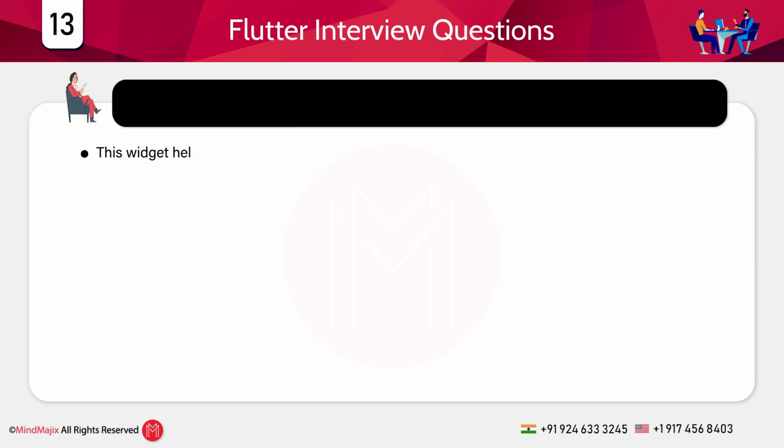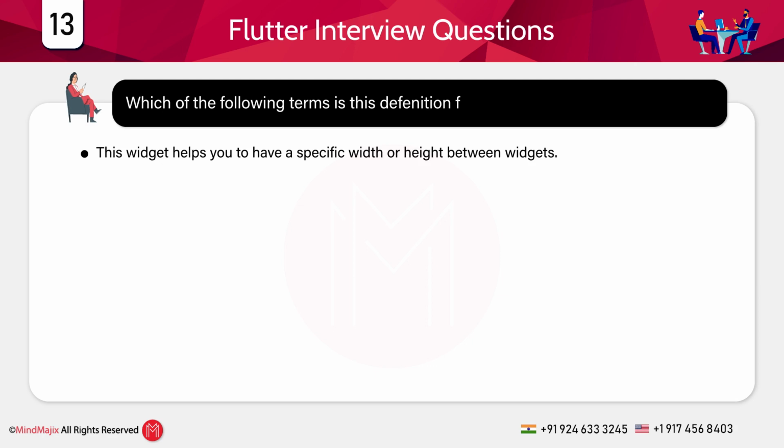This widget helps you to have a specific width and height between widgets. Which of the following terms is this definition for? App bar, sized box, safe area, on change. So obviously one of these widgets we use most of the time to give some height and width between the widgets, mostly when we are using some kind of column or some kind of row.